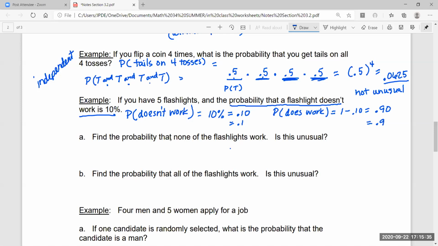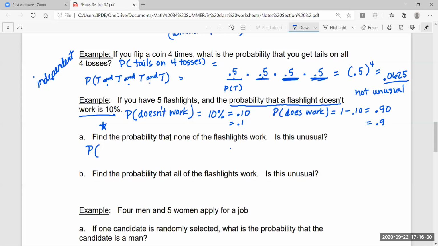Okay. This little summary of what we're given at the beginning, they told us the probability that the flashlight doesn't work. We found the probability that it does work. So now we have both of those pieces of information to work with. Now it says find the probability, so we're trying to find the probability that none of the flashlights work.